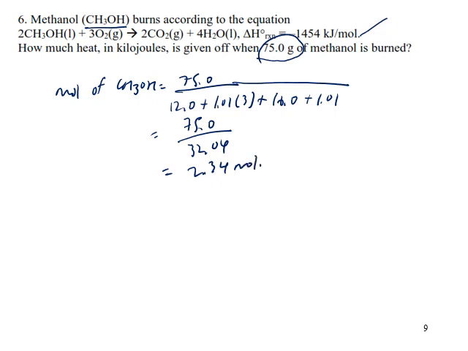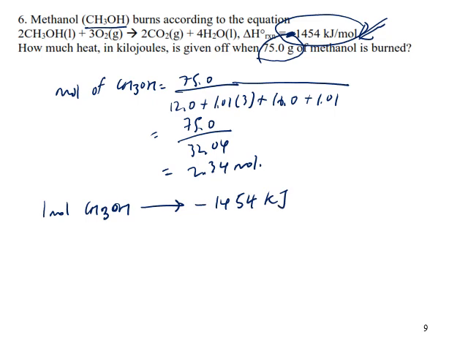And then we will make use of the thermochemical equation here. Especially this one, the sign is very important, it is negative. So it means that 1 mole of the methanol that you burn will release negative 1454 kilojoules. How do I know this? Because I'm basing it on the thermochemical equation. Alright, another common mistake, I almost forgot.